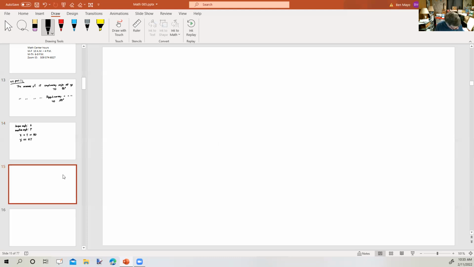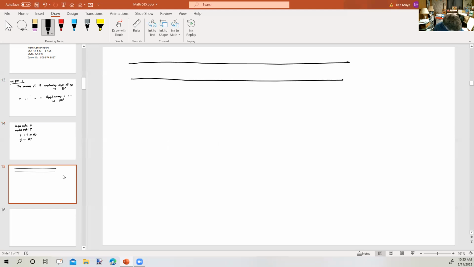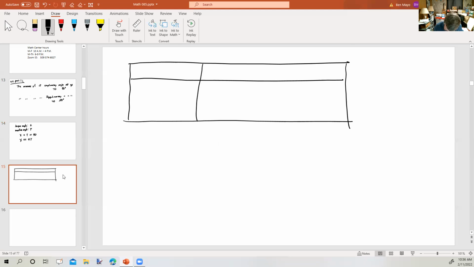Next example, it says, complete the following table. It's one of those things where it's going to take longer to make the table than it is to answer the question, but such is life.